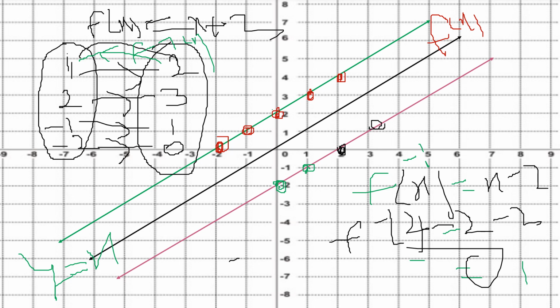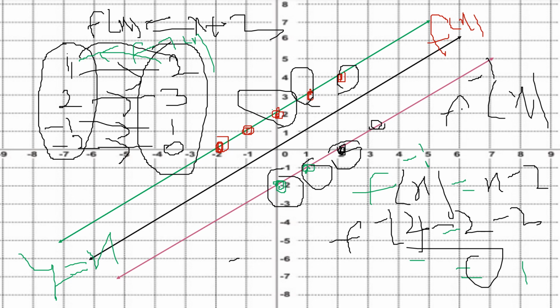When I substitute 1 in the function, 1 plus 2 is 3, but when I substitute 1 in the inverse, I get minus 1. So see the symmetry here. If I write 2 in the function, 2 plus 2 is 4, but in f inverse, 2 minus 2 is 0. So the line y is equal to x gives the symmetry between f of x and f inverse of x.